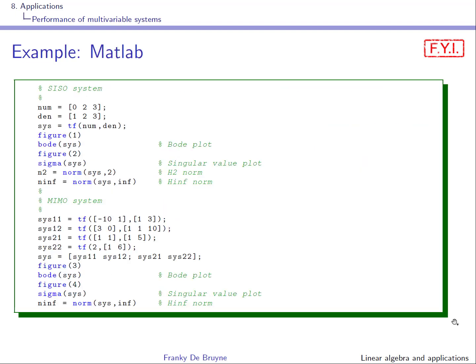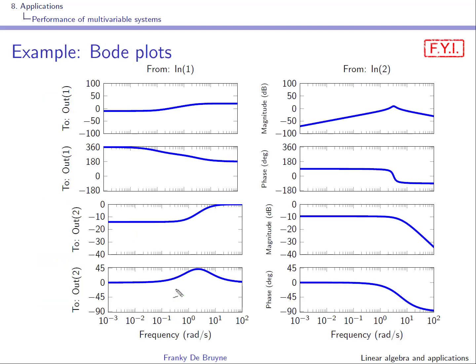So let us take an example of that, and for that we look at this part. The remaining part has to do with some material that I have skipped and left for your information. So I've got here my 2x2 system, and what I can do is simply do the Bode diagram. I'll obtain 4 Bode diagrams using the command bode, or using the command sigma, I will obtain my singular value plot. Okay, so this is what we obtain.